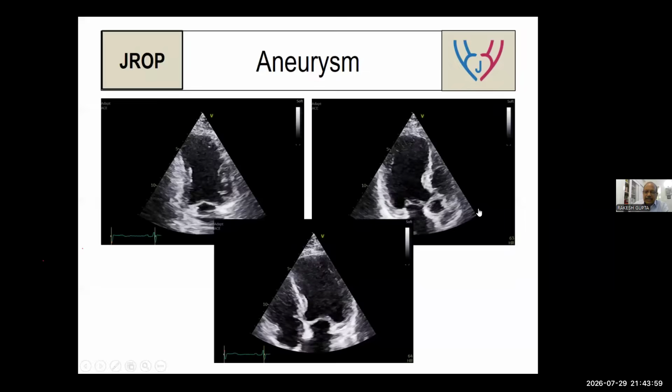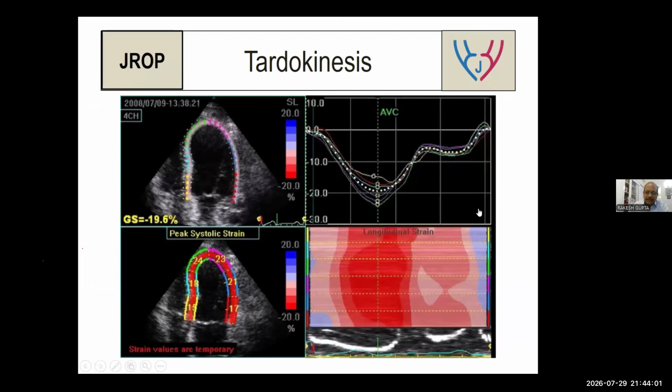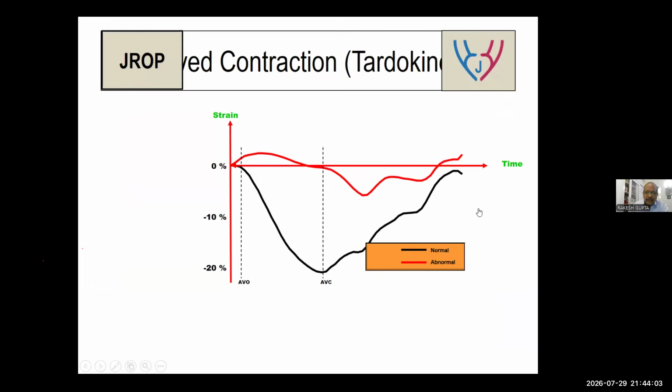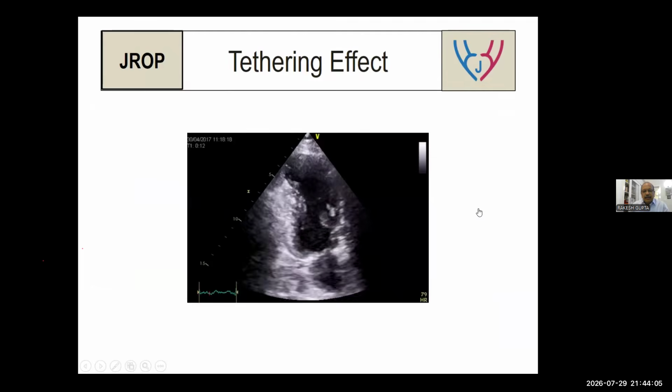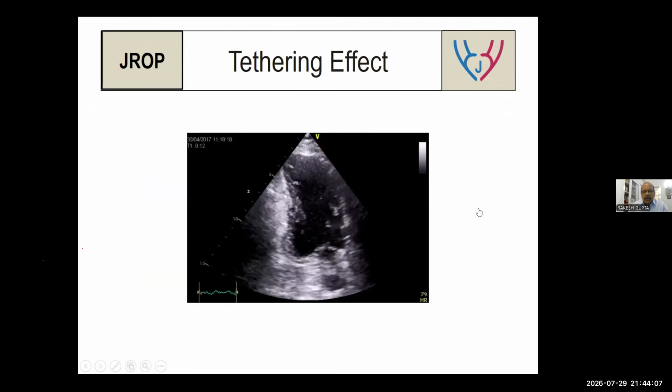The word is tardokinesis. Then tethering effect. The hypercontractile segment pulls the hypokinetic segments and it appears as if it's normal.